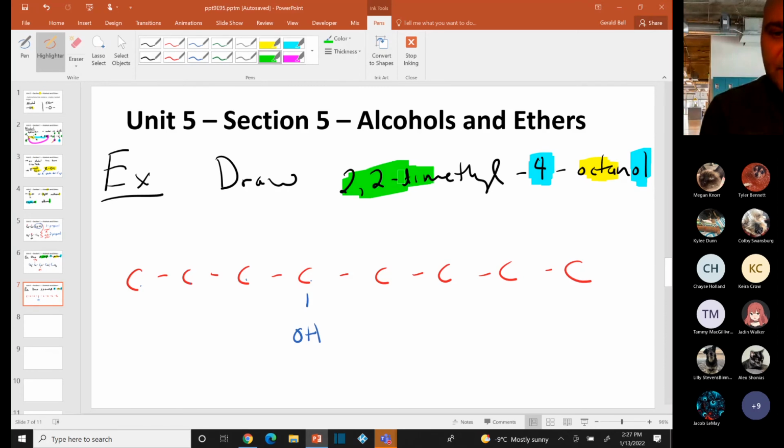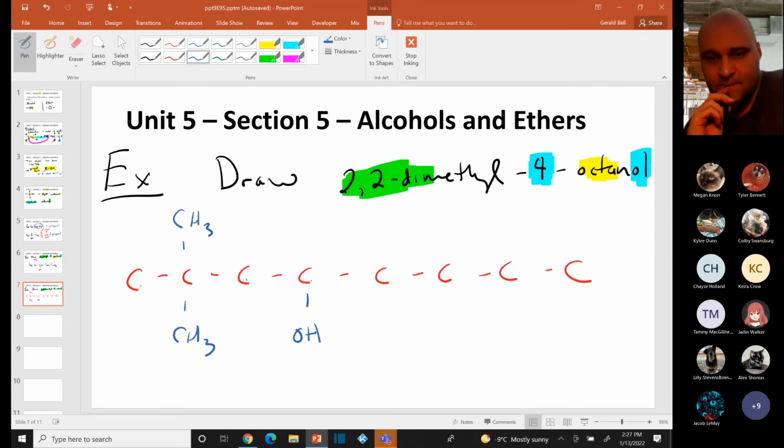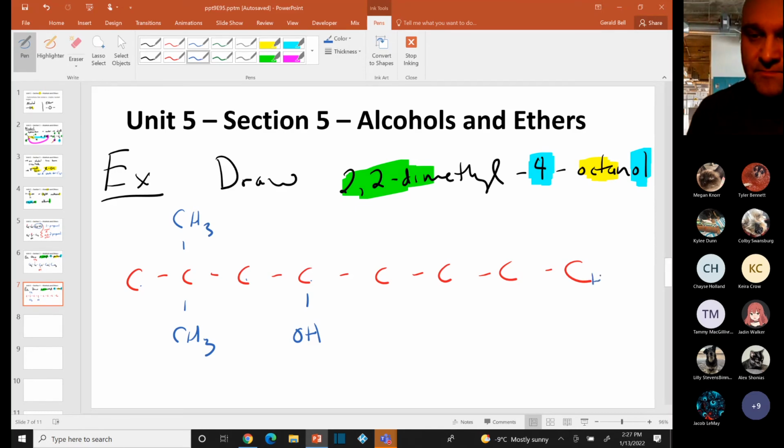And then we got some methyl groups on the 2nd carbon here. Like that. Done. Fill in the hydrogens. Finished.